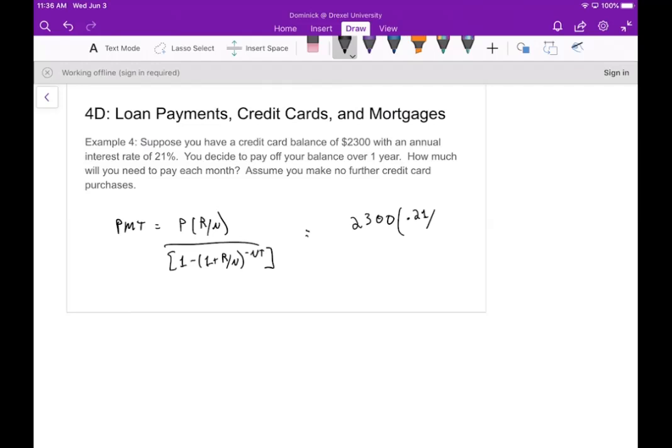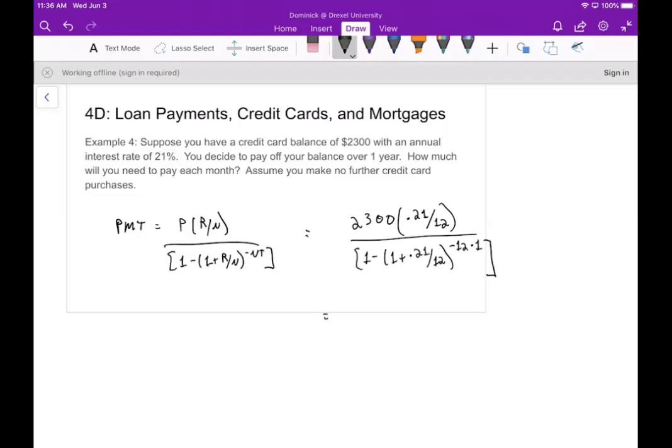Most of them are very high. And then we're doing monthly payments, so over 12. And then we have 1 minus 1 plus 0.21 over 12 to the minus 12, and this is 1 year, so just 12 times 1 here.